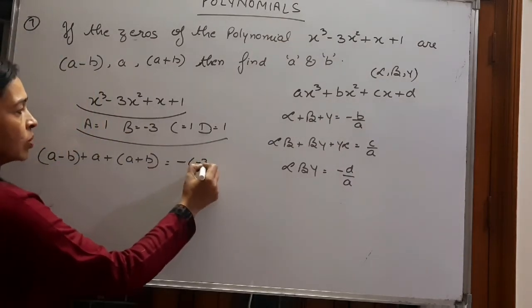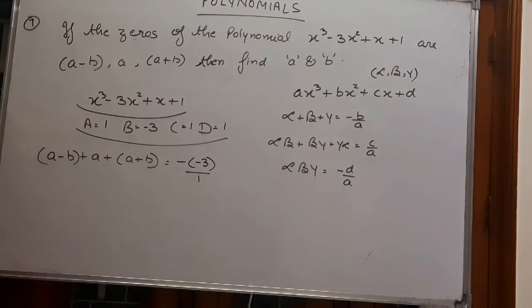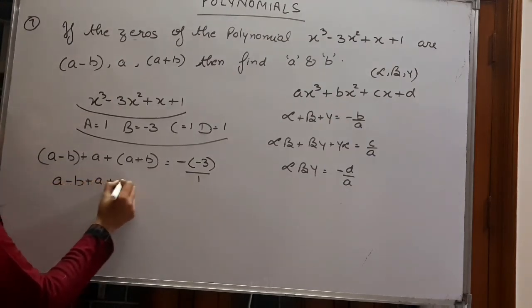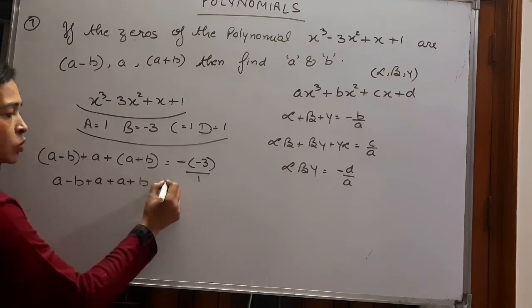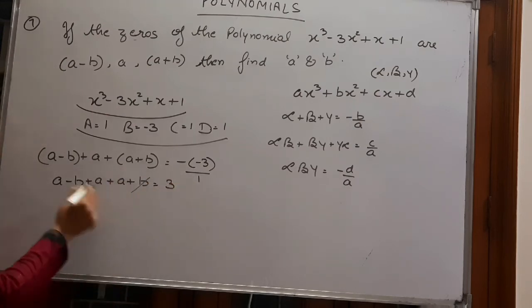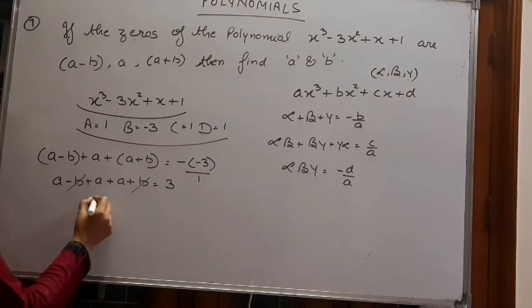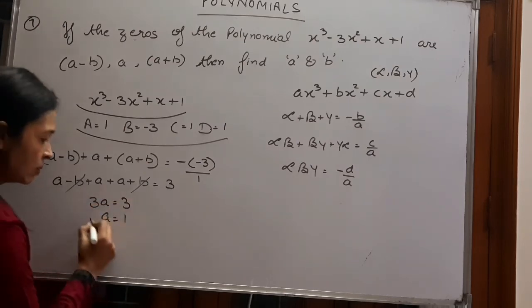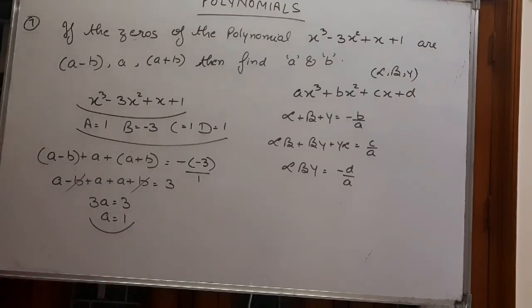Minus of minus 3 upon 1 is 3. We have a minus b plus a plus a plus b equal to 3. Plus b and minus b cancel. 3a equals 3 and the value of a is 1. This we have. Now check.